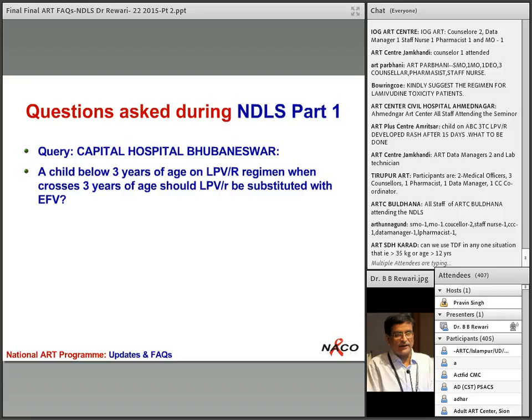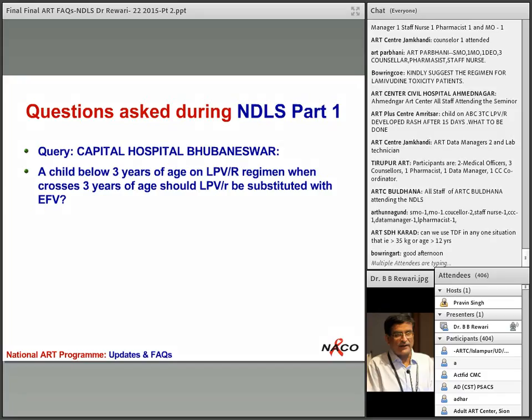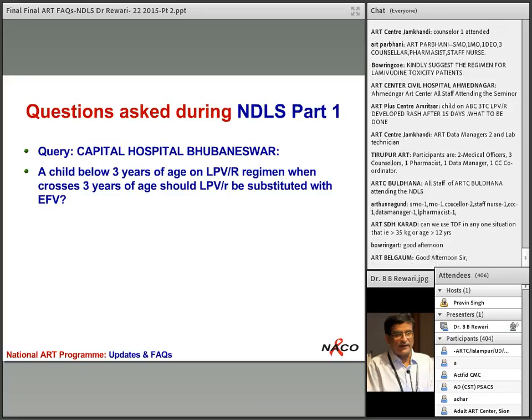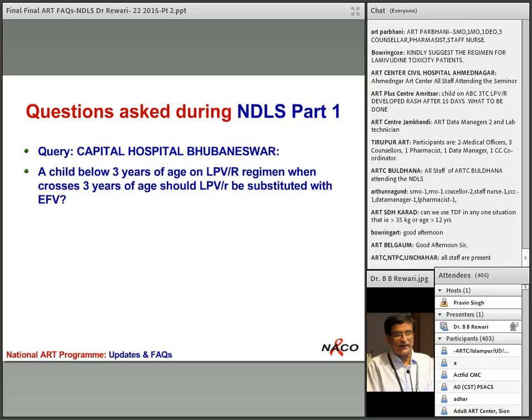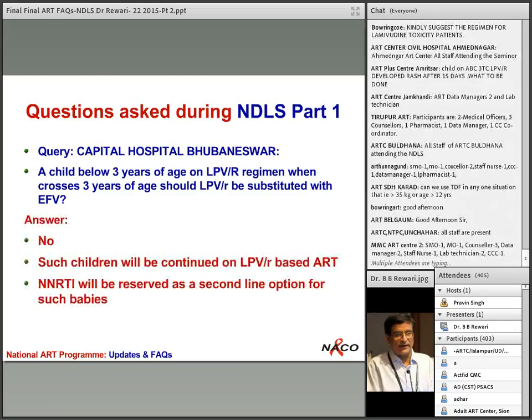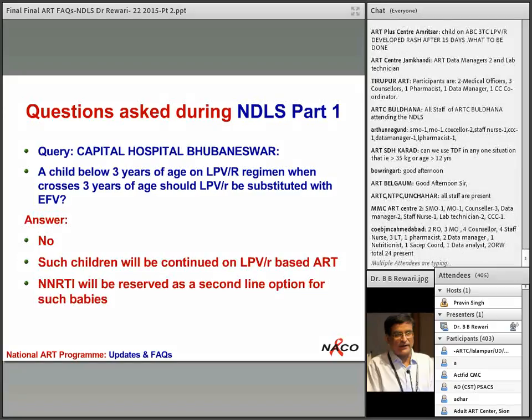Another question was, a child below 3 years on lopinavir ritonavir crosses 3 years, should he be substituted with Efavirenz? No. This is an initiation guideline: less than 3 years on lopinavir ritonavir, more than 3 years to be initiated on Efavirenz. But once initiated on lopinavir, he has to continue on lopinavir. This is like any other regimen.